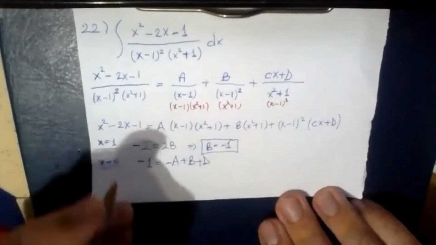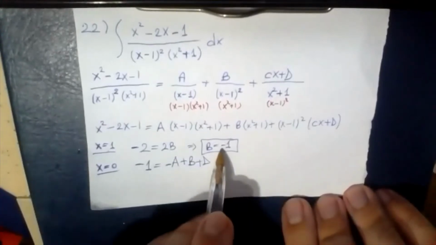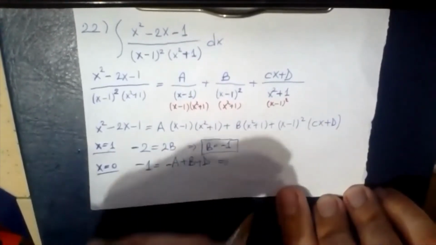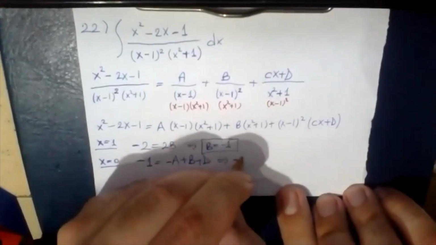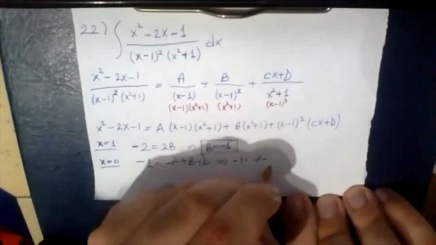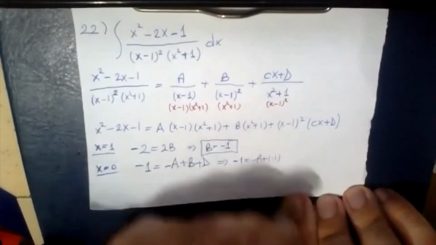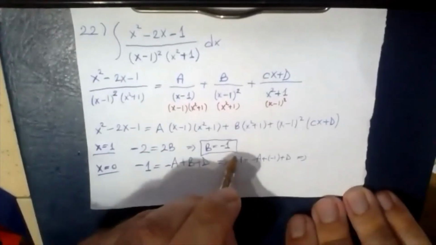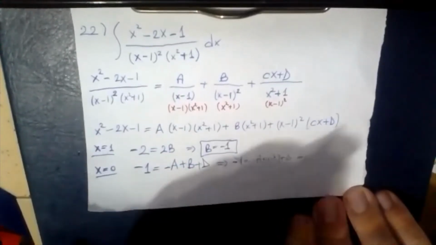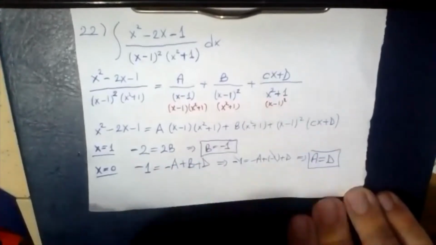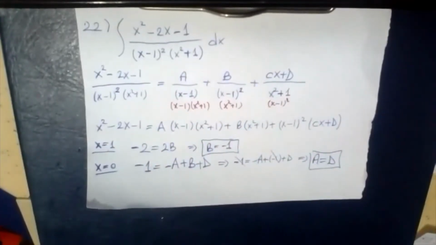This part will be d. Also we have b equal to minus 1. When we replace b with minus 1, we will have minus 1 is equal to minus a plus (minus 1) times b plus d. So we can cancel this minus 1, take minus a to the left-hand side, and we can find that a is equal to d.